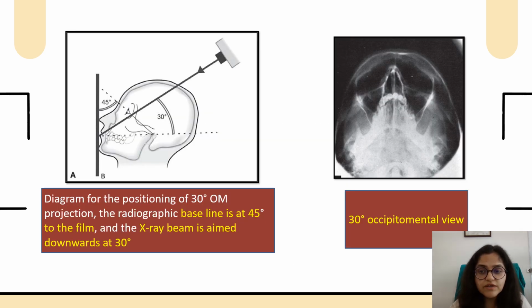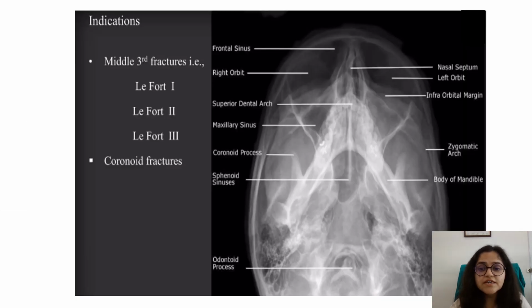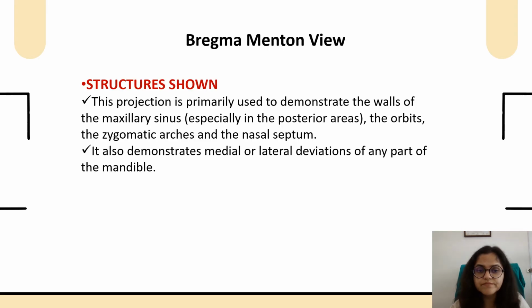In this slide, you can see the radiograph showing the 30° occipitomental view, and on the left side the diagram showing the position of this 30° modified OM projection, in which the radiographic baseline is set at 45° to the film and the X-ray beam is aimed downwards at 30°. These are the indications which we can see in this projection, that is Le Fort 1, 2, 3 fracture and the coronoid fracture.